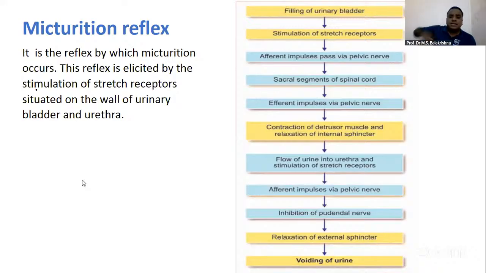A sensation goes towards the brain, and from there the impulses come. Relaxation of the sphincter muscles happens, and the voiding of urine happens. That is called the micturition reflex. It is a reflex by which micturition occurs, by stimulation of the stretch receptors present on the walls of the urinary bladder and urethra.